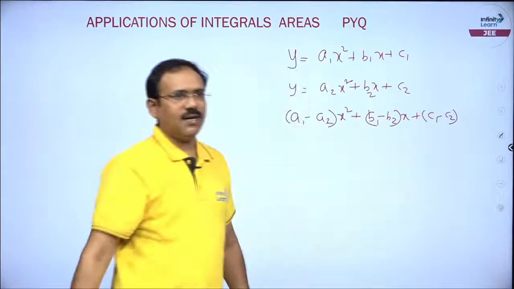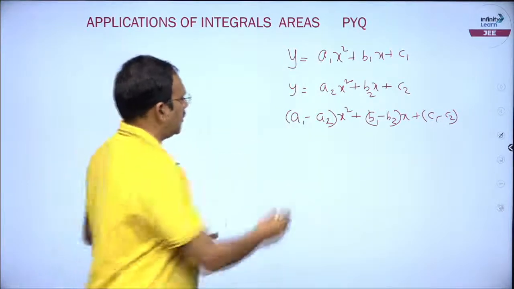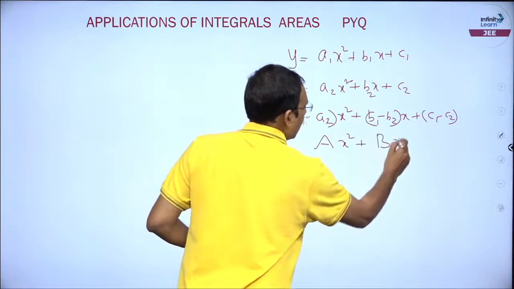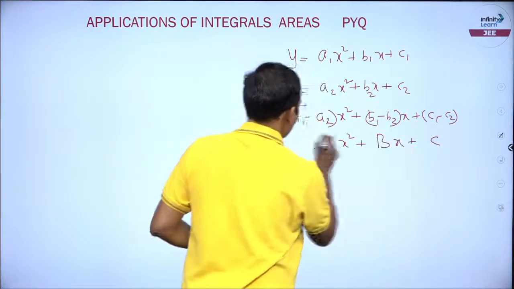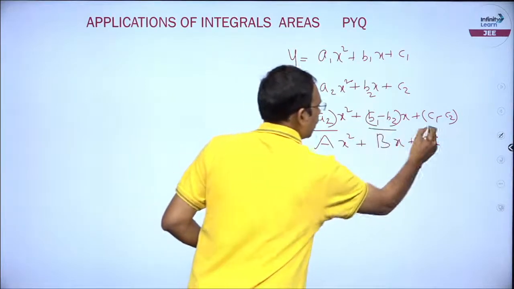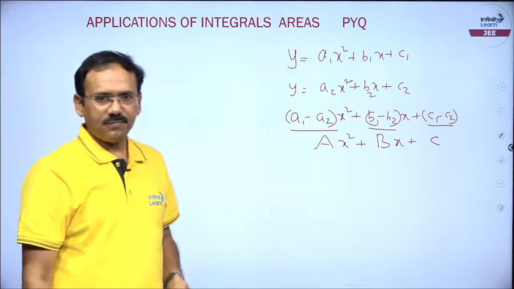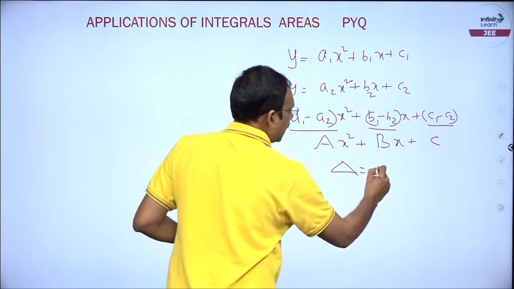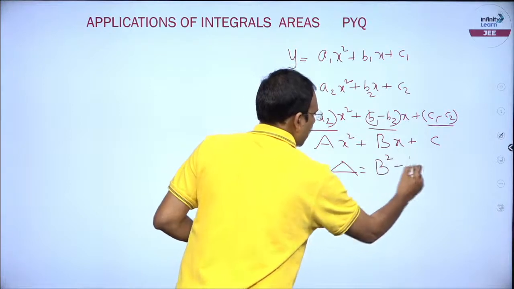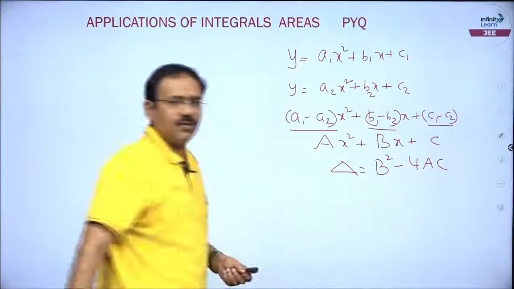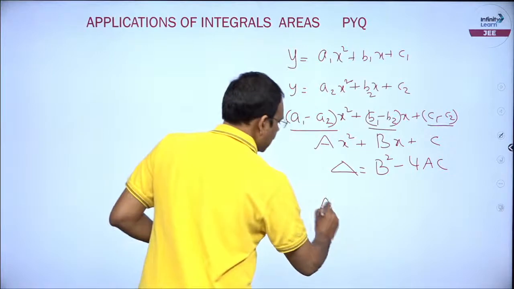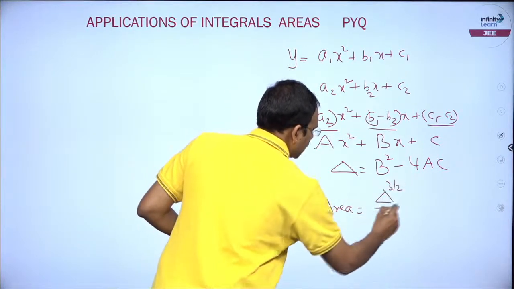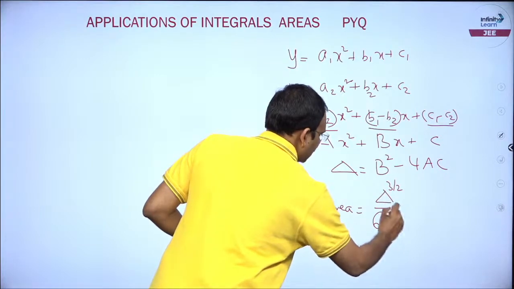Now you just treat this like capital A x square plus capital B x plus capital C, where capital A stands for this, B stands for this, C stands for this. Now for this ABC, apply delta, which is b square minus 4ac. Now the area answer is delta power 3 by 2 by 6a square.